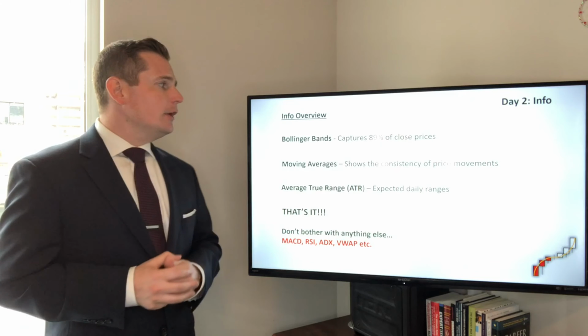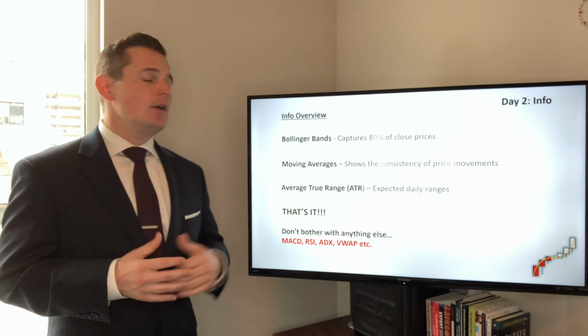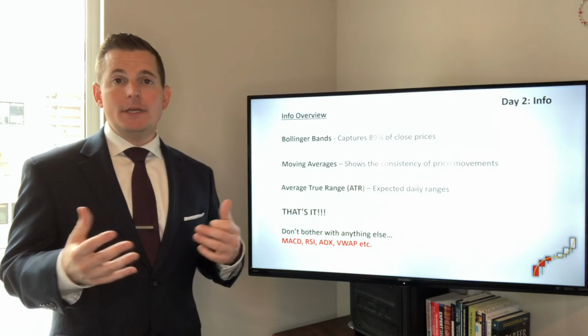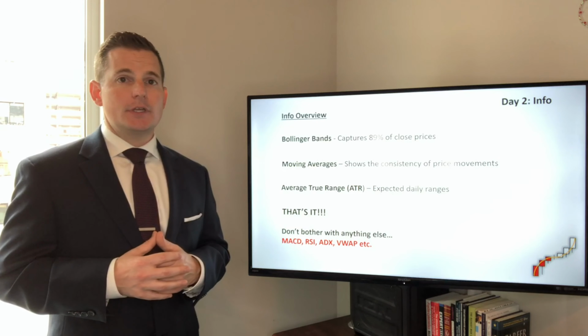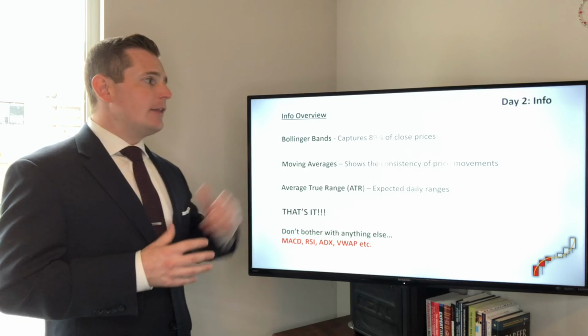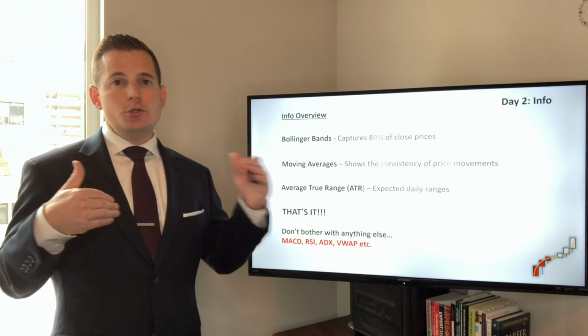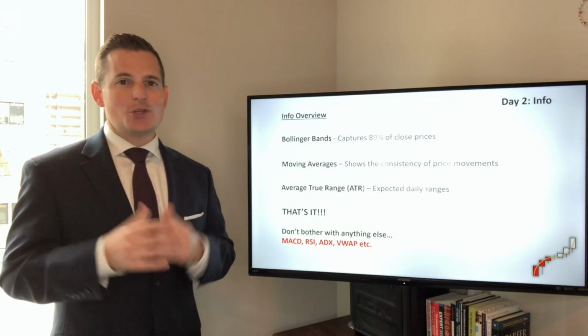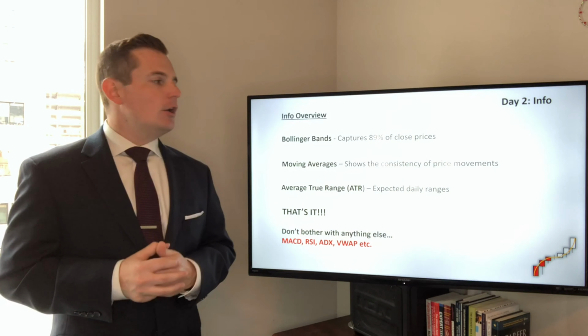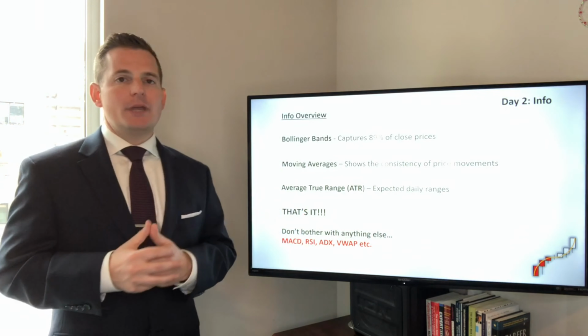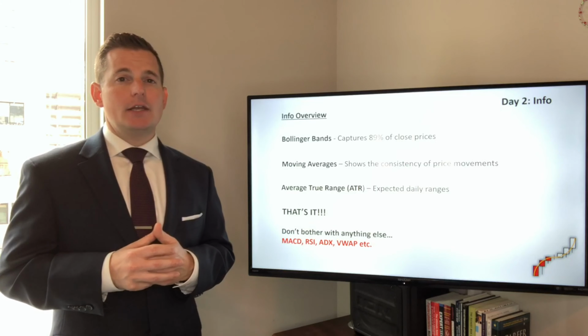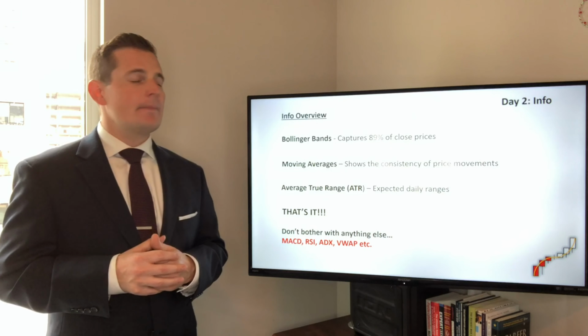I'm going to briefly explain what they are and what we can derive from this information, okay? The Bollinger Bands are just bands that are 2 standard deviations away from a mean, and they capture 89% of the price movement, okay?